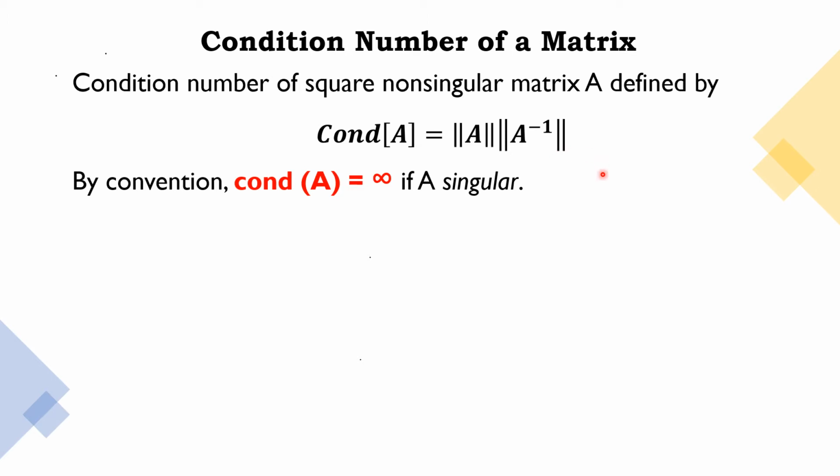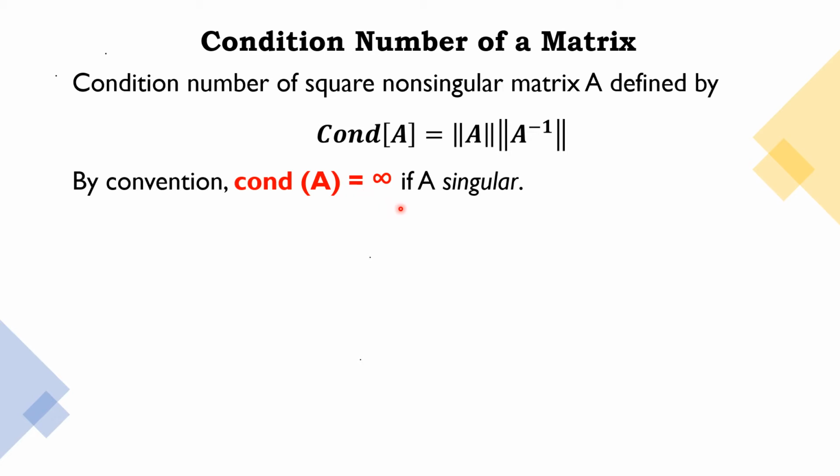And later on, I'll be teaching you how to get the matrix norm. We will be using this formula in the solution and in identifying if our given problem is an ill-conditioned or a well-conditioned one.